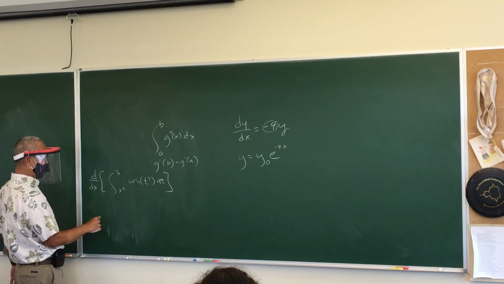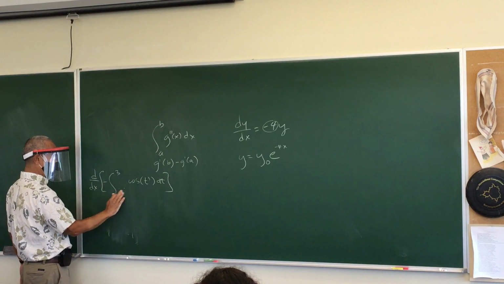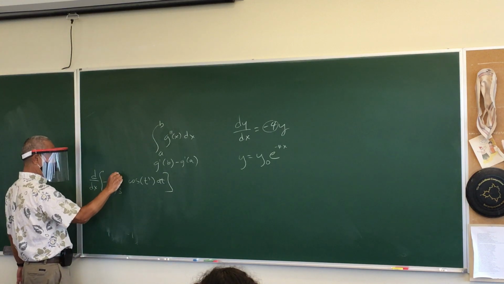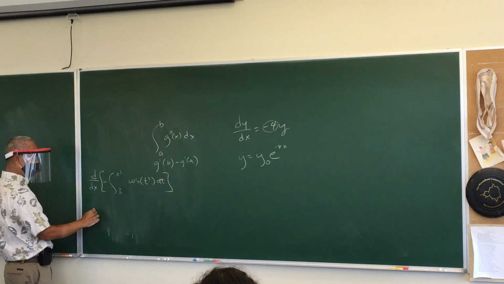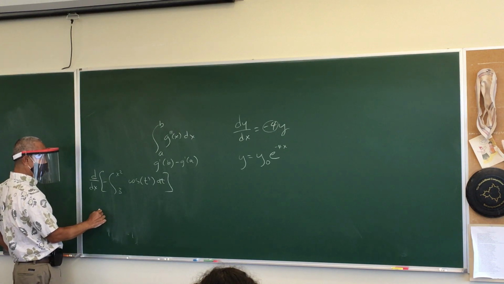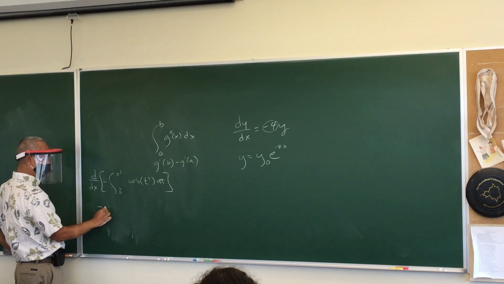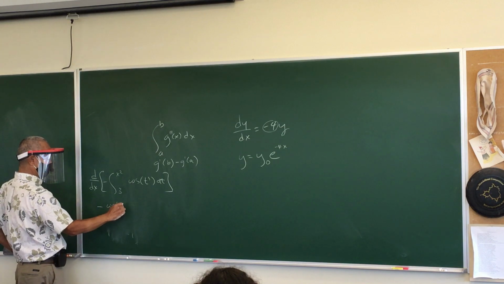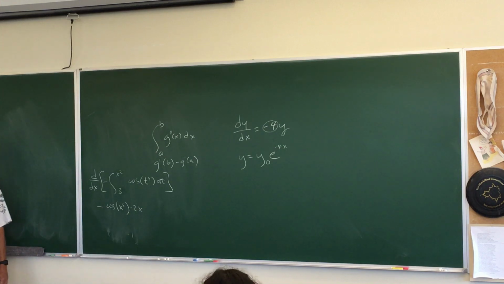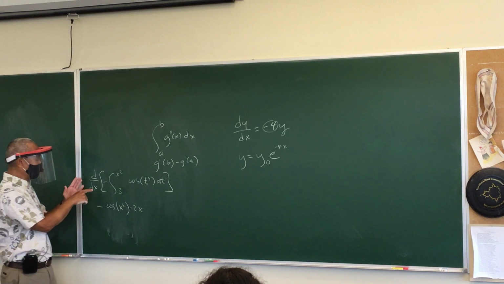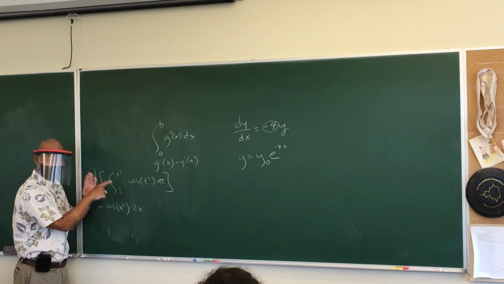Negative sign first, and then make sure the constant is on the bottom. Then plug in, so it's negative cosine of x to the 6th times 2x. There you go, that is correct. Everybody see that? This is the fundamental theorem of calculus part 1. It allows you to take the derivative of an integral.